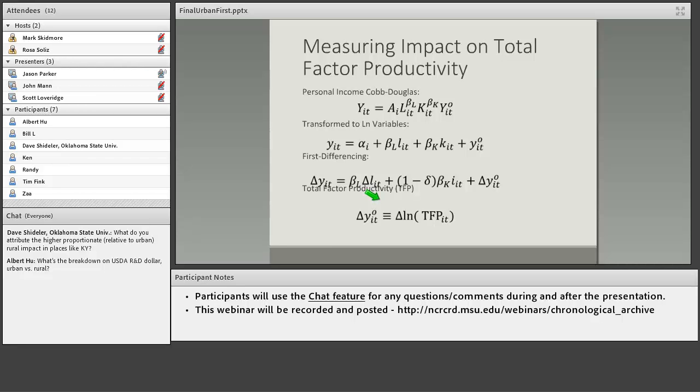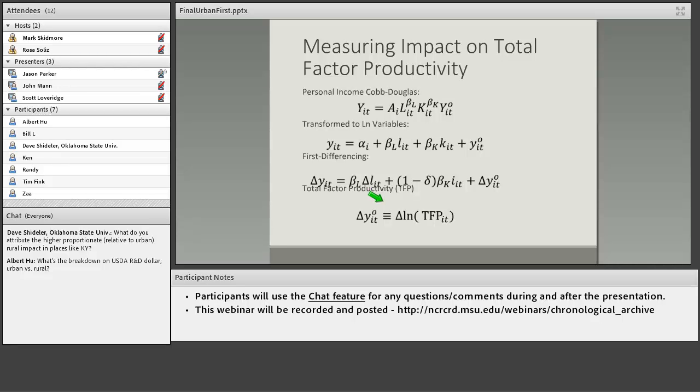This is the standard way to get to total factor productivity. It's what's left over when you remove the impact of labor and capital on overall personal income.